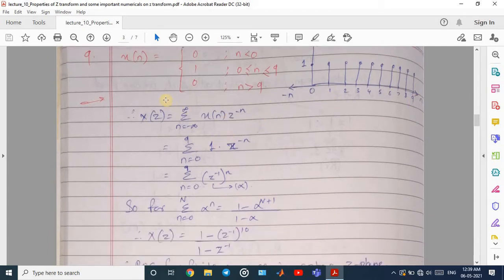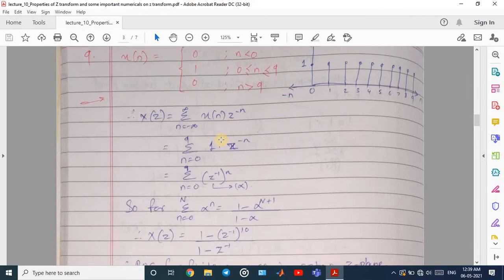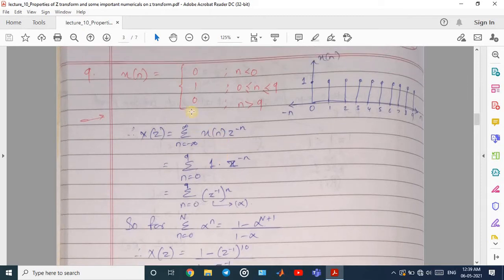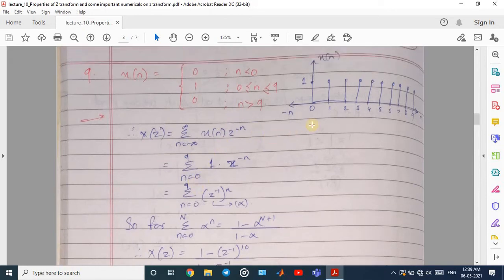So first step we have to write down the Z transform formula. Then we have to put the values of our summation and x of n. Now x of n is 1 because for other values the signal is 0, and the summation limit is from where our signal starts, 0, to where it ends, 9.